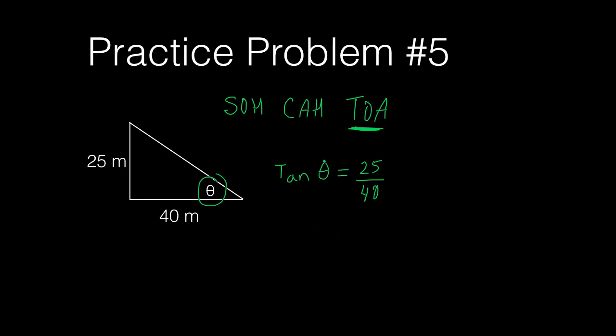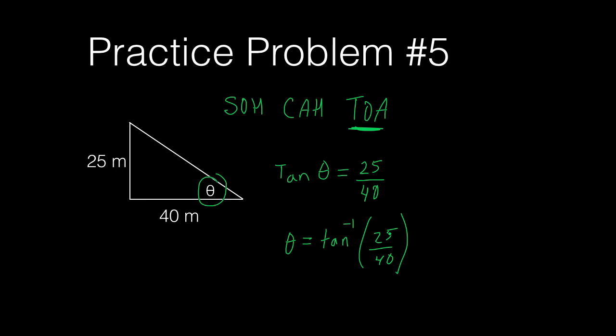Okay, and again, to solve for theta, we just treat it like x. The only way to get it by itself is to take the inverse tangent. So theta is going to be equal to tangent to the minus 1 times 25 divided by 40. And so again, the inverse tangent would be this. You have to hit the second function on your calculator, so second function, and then hit the tangent button, and you'll notice a little tangent to the minus 1 sign.